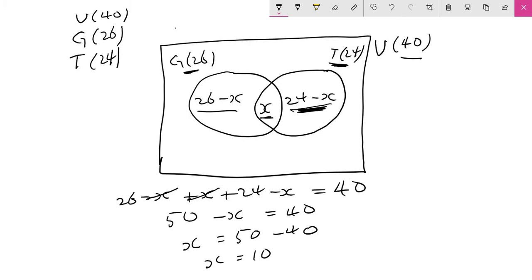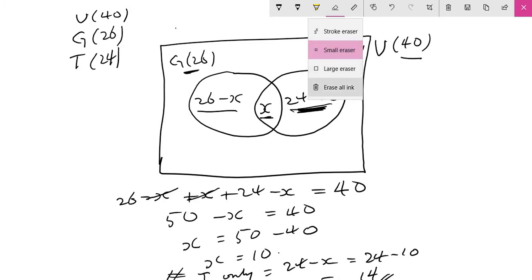Meaning 10 houses took both Graphic and Time. And now to solve the question, the number that took Times only is given by 24 minus x, which is equal to 24 minus 10, and is equal to 14. And that's it. So I hope you got it right.